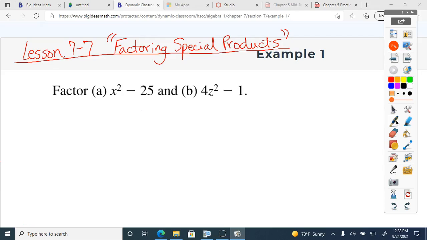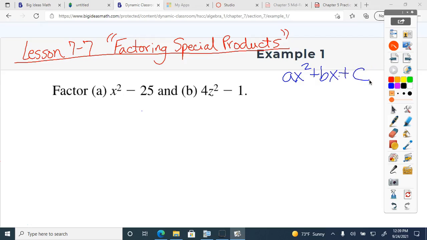Can anybody look at these and tell me what's special about them? What's different? There's no x term. We haven't really talked about this, which is my fault, but we're going to talk about it right now. That's usually the form.